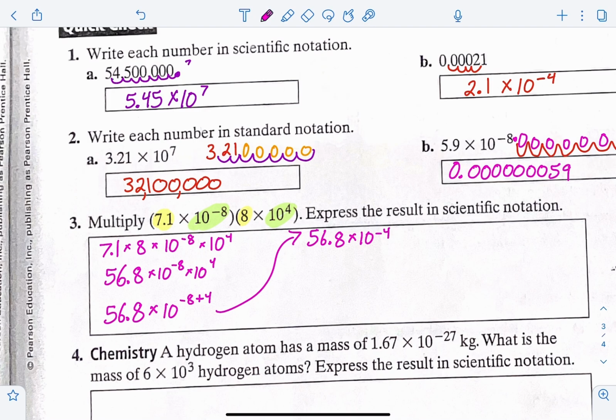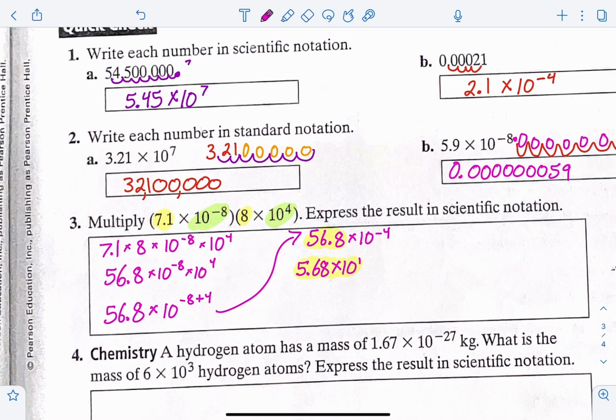Is that our final answer? No, because 56.8 is much bigger than 10. It has to be between 1 and 10. So if I move my decimal place 1 over on that, I would end up with 5.68 times 10 to the 1. So all I did was turn 56.8 into 5.68 times 10 to the 1.